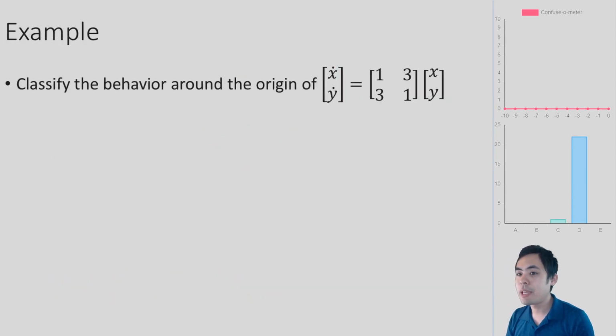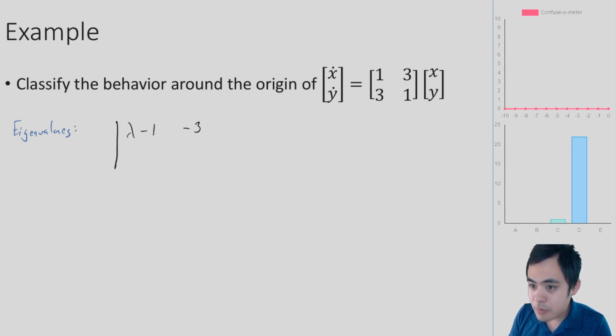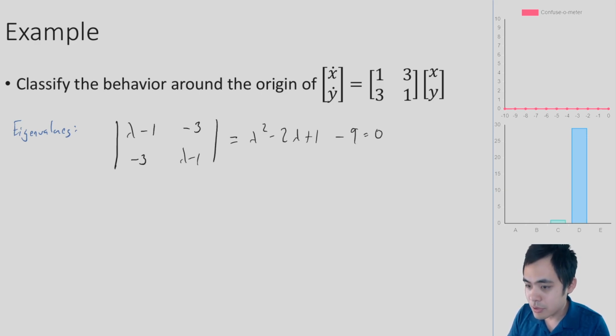So let's classify the behavior around the origin, as an equilibrium, of the system where you have the matrix A equal to [1, 3; 3, 1]. The first thing we have to do is compute the eigenvalues. So we take the determinant of [lambda minus 1, minus 3; minus 3, lambda minus 1] and set it equal to 0. That's lambda squared minus 2 lambda plus 1 minus 9 equals 0.